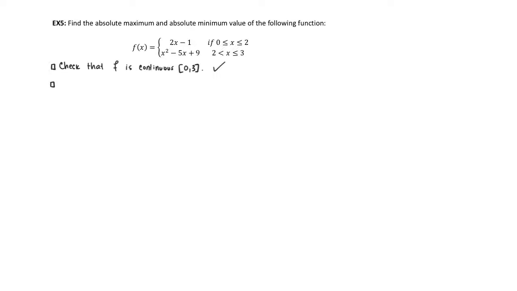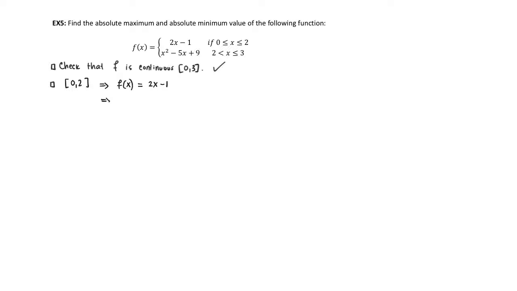So, because I have two pieces here, I am going to consider the derivative in the first interval and then the derivative in the second interval. So that means that in the first interval, from 0 to 2, within this interval, f of x is going to be equal to 2x minus 1.